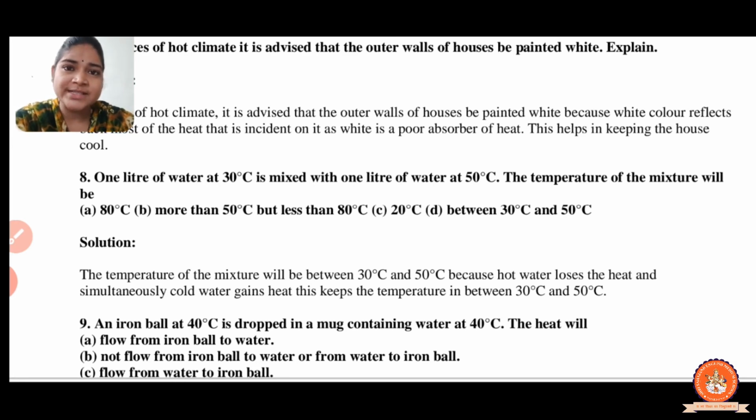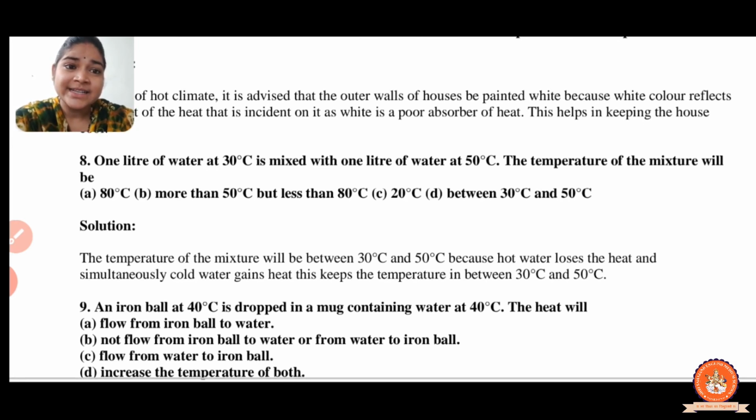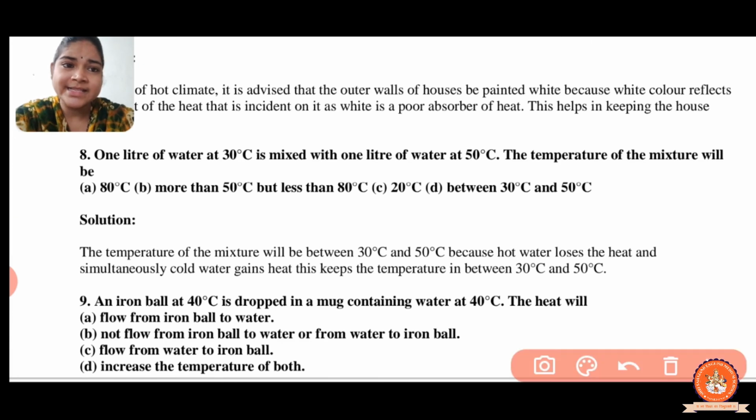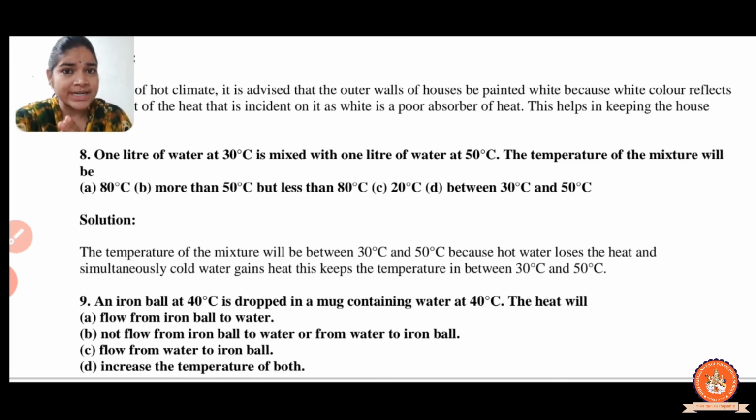The obvious answer is between 30 degrees Celsius and 50 degrees Celsius, because the temperature of the mixture will be between 30 and 50 degrees Celsius, because hot water loses heat.